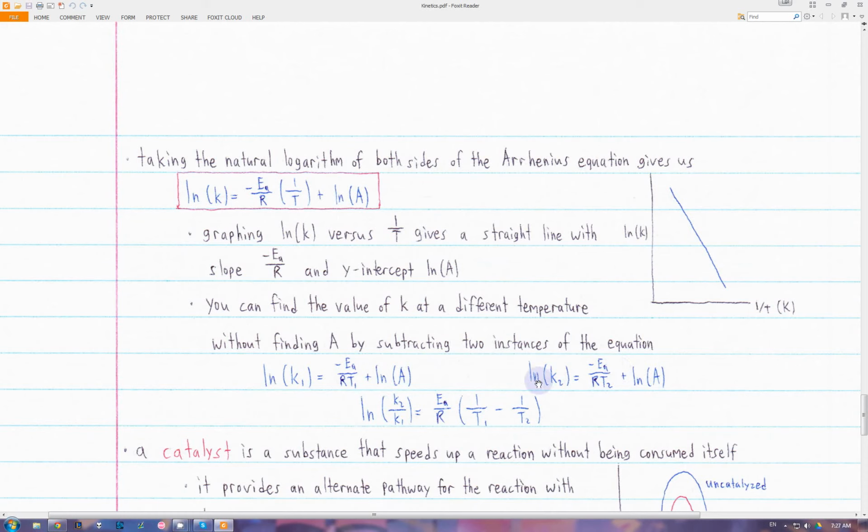The ln A will cancel out, and we'll get this equation that we can use to compare the rate constants at two different temperatures without needing to know the frequency factor, because oftentimes you won't know what A is equal to.